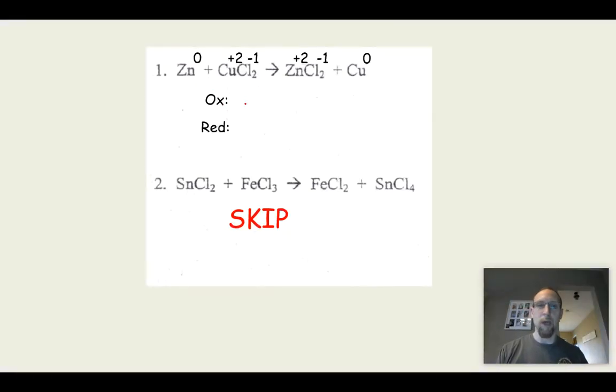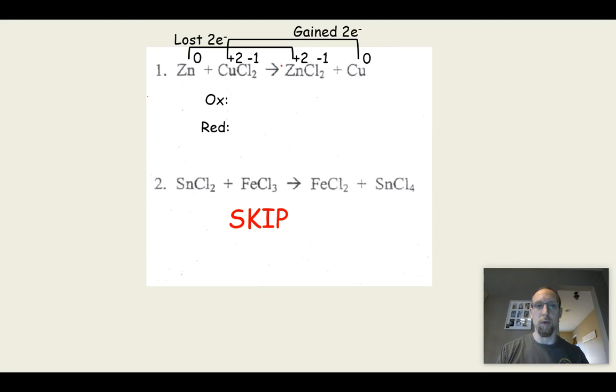So now what we want to do is connect the ones that changed, all the same stuff we've been doing. So zinc went from 0 to +2, and copper went from +2 to 0. So let's write in what happened in terms of the loss and the gain, because that's going to help us write the half reactions. So zinc lost 2 electrons. It went from 0 to +2. And copper gained 2 electrons.